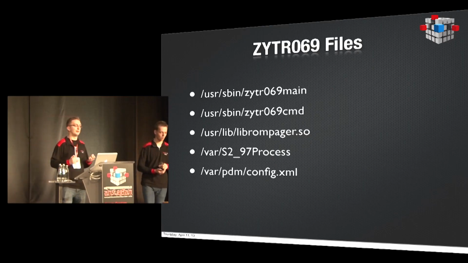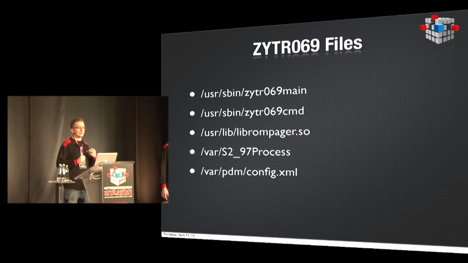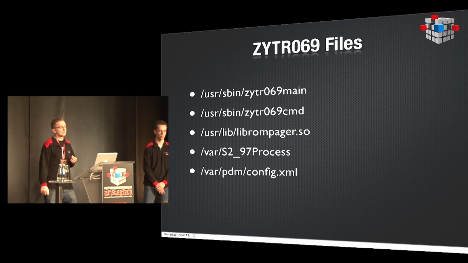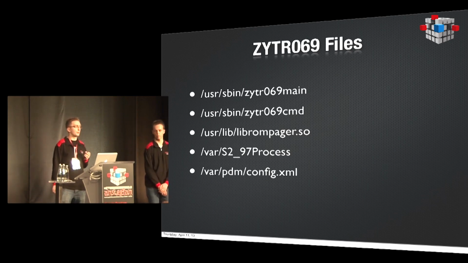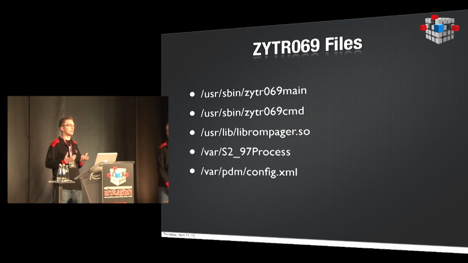So let's have a deeper look at how TR069 is implemented on these modems. Basically, there are two binaries responsible for handling all the TR069 stuff, which are /usr/admin/ZyTR069 main and /usr/admin/ZyTR069 command. The main binary actually does most of the work, whereas the command is invoked by main to dispatch certain actions.